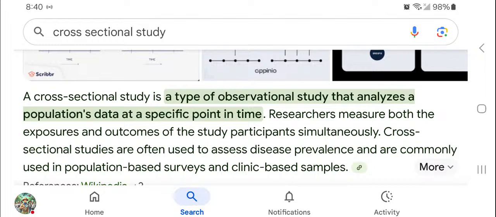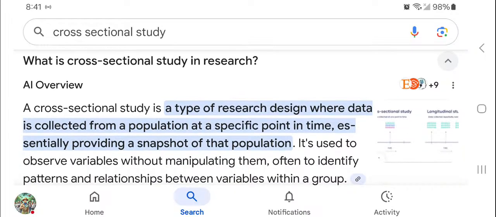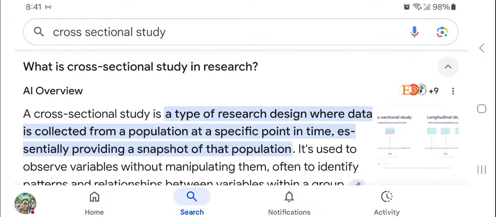They say this is a time observational study that analyzes the population data at a specific point in time, which is one prevalence of disease. Okay, what is cross-sectional in research? Right here, the data collection from a population, which we just read.